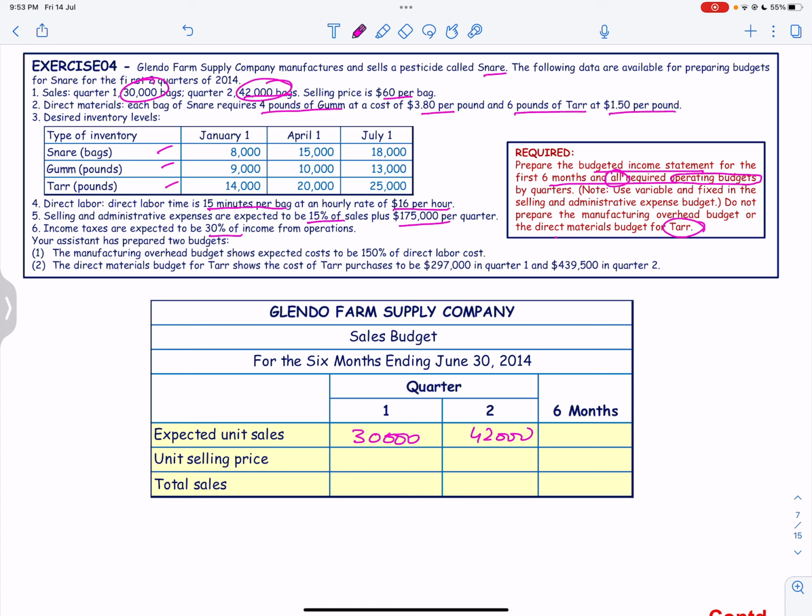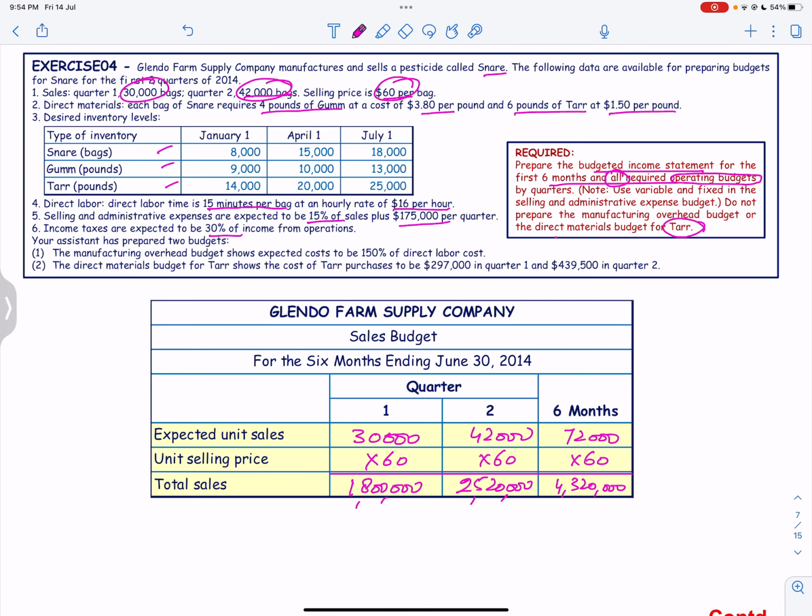So the total is 72,000, and the unit selling price is 60, so we multiply by 60, and the total will be 1,800,000, 2,520,000 and 4,320,000.